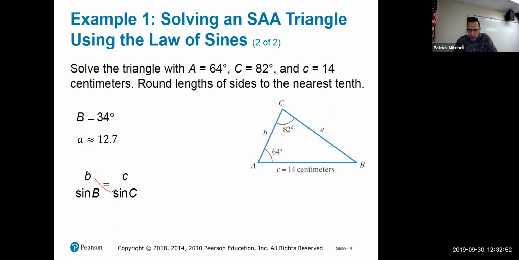They're going to multiply side B times sine of C and equate that with side C times sine of B, which looks like this.